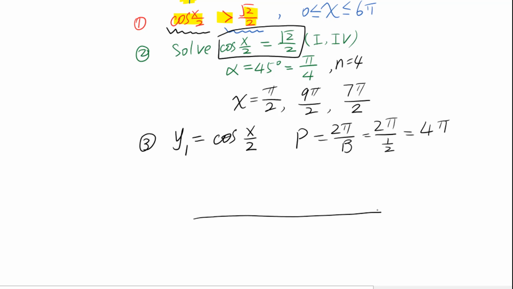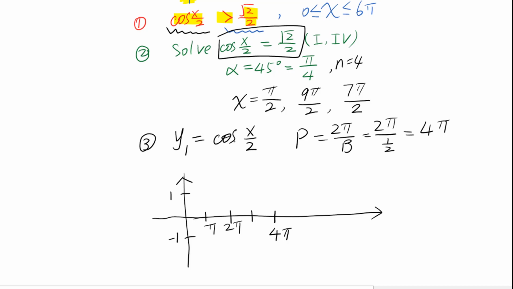Now let's sketch the graph. Since the period is 4 pi, I will say this is 4 pi. Then half, half, half. This will be 2 pi, and half of 2 pi will be pi. The amplitude will be 1, and here's negative 1.